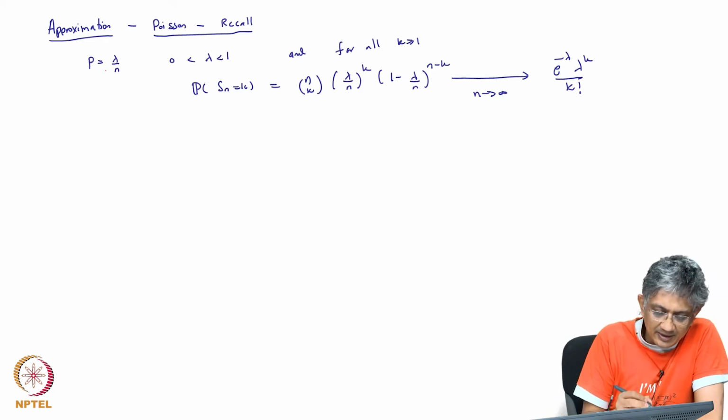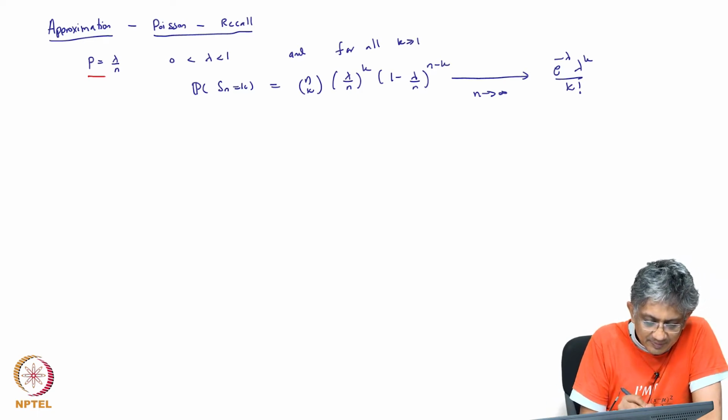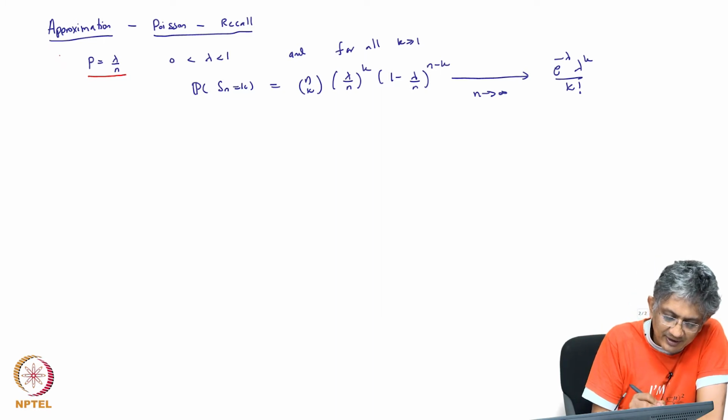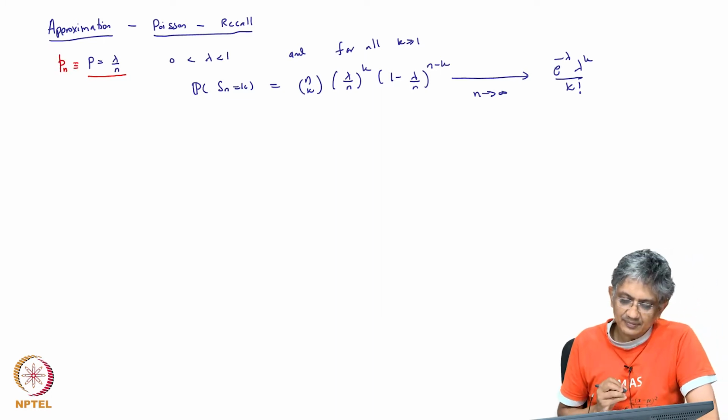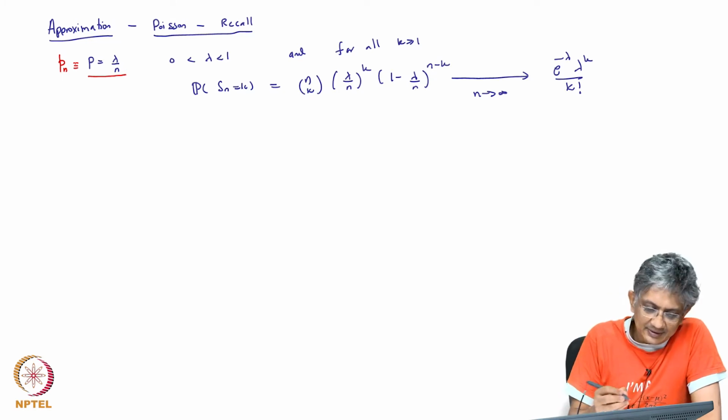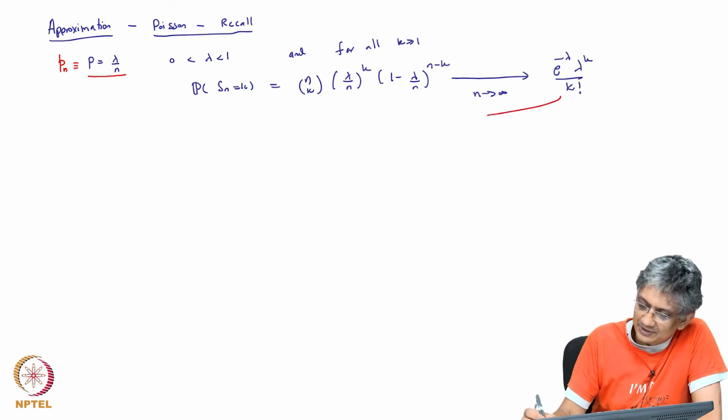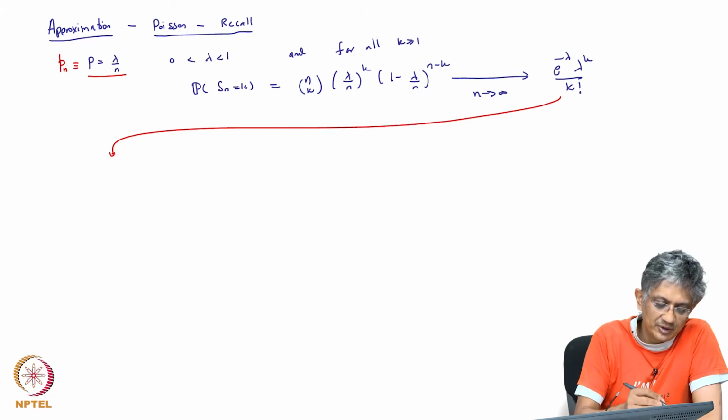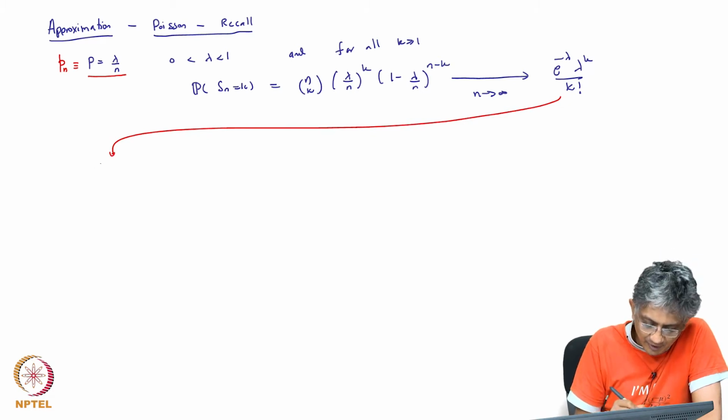And note that as n gets larger and larger, this p is changing. So this is in fact like a p sub n in some sense. And this gave us the idea of a new distribution, a genuine one on the natural numbers. So we called it the Poisson lambda distribution.